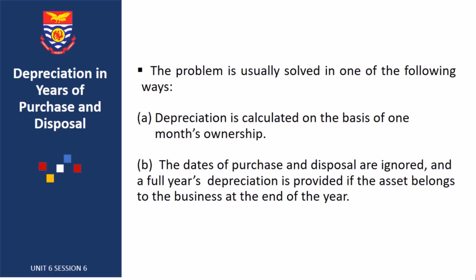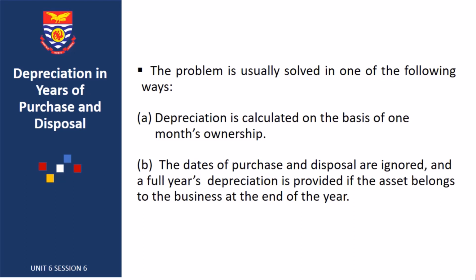Depreciation in years of purchase and disposal. It is not likely that all purchases and disposals of non-current assets will take place on the first day of each accounting period. New assets are acquired and existing assets sold at various intervals during the year, so it's difficult to show what depreciation to charge in the year of purchase and sale.